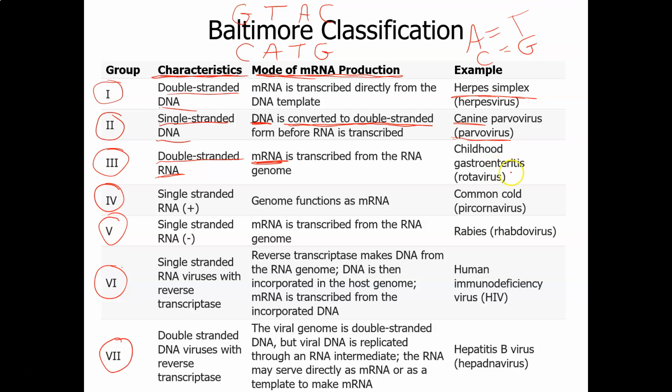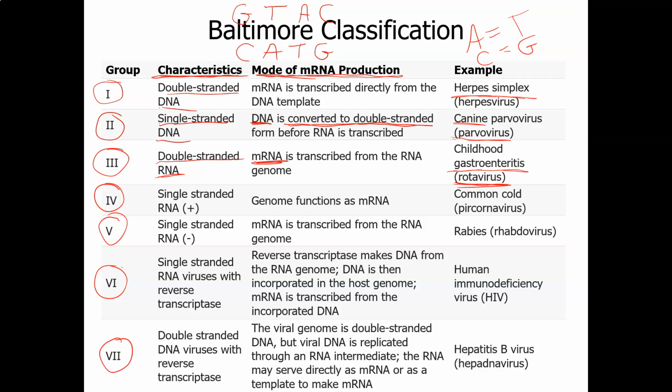And there is a virus called a rotavirus, which causes gastroenteritis. That means stomach and intestinal. Itis means inflammation. Gastro means stomach. Entero means intestines. So it just means inflammation or infection within the stomach and the intestines. Typically, this one occurs in childhood.